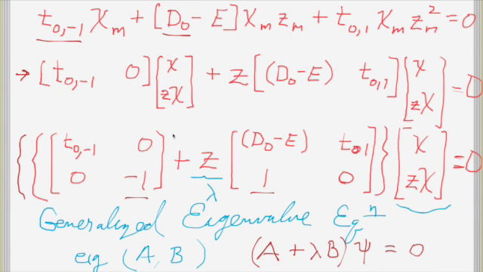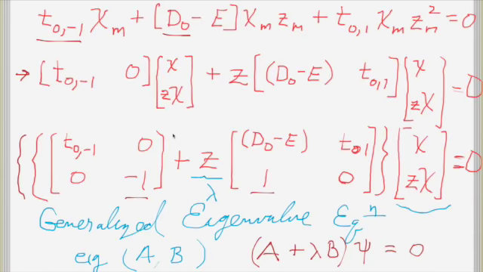And you solve it, and what you get out of this is z, right? You get the value for z, that's your generalized eigenvalue, your propagation factor. And you get this eigenfunction over here on the right. There's a redundant amount of information in that eigenfunction because you only need chi.